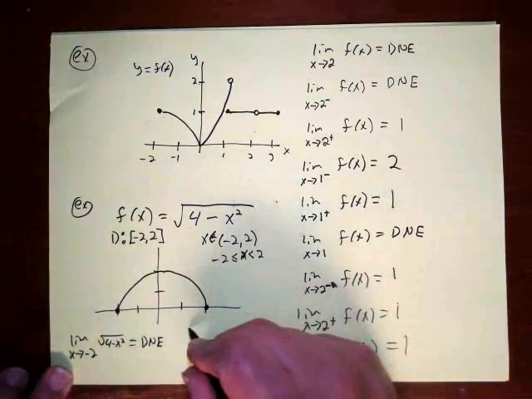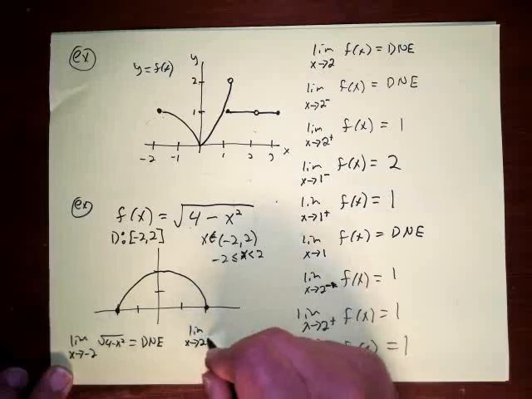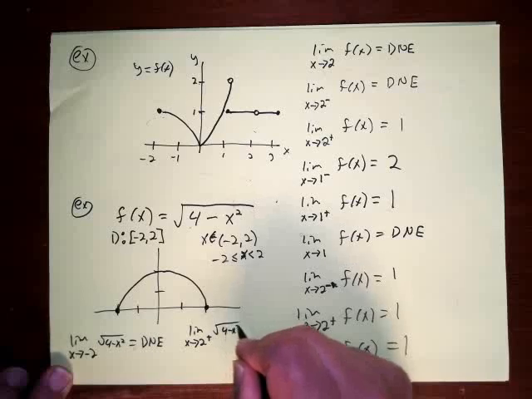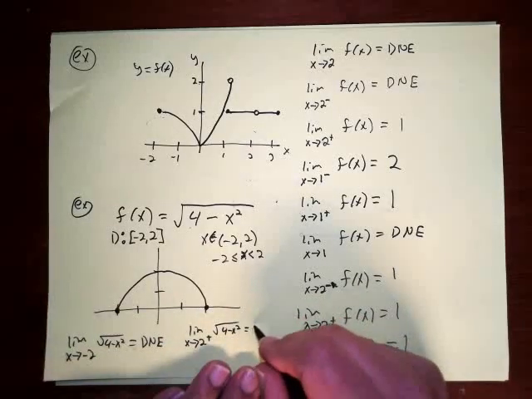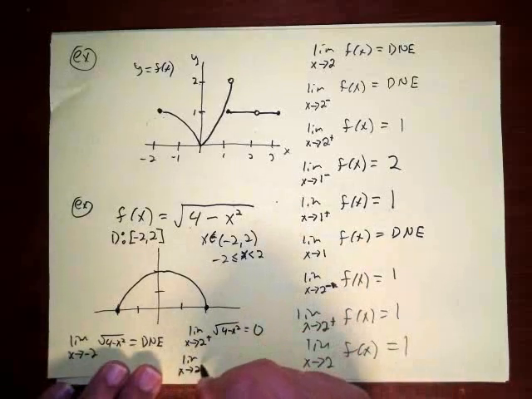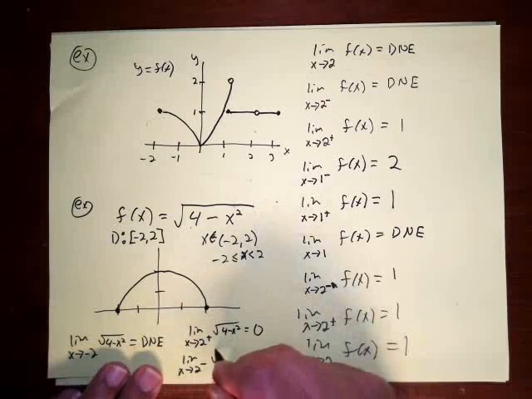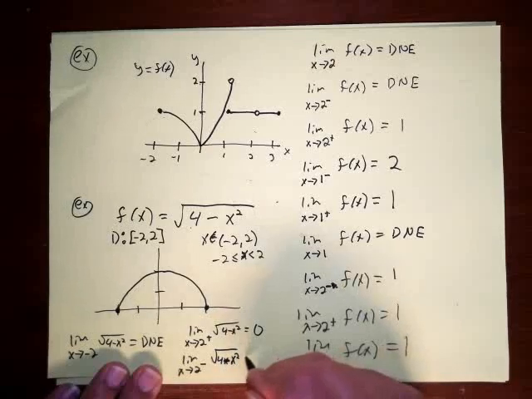from the negative side. So I would have that the limit as x approaches 2 from the positive side of this would equal 0. But the limit as x approaches 2 from the negative side of this, 4 minus x squared, does not exist.